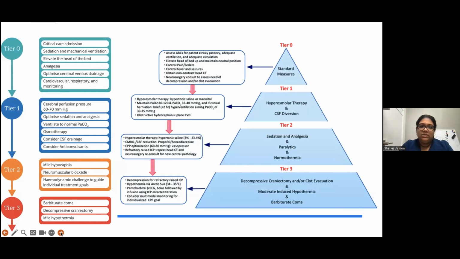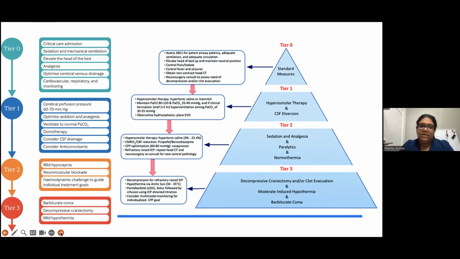So tier 1, we assess the standard measures: airway, breathing, circulation, elevate the head of the bed and maintain a neutral position, control pain and sedate the patient, control fever and seizures, obtain a non-contrast CT brain, and neurosurgery consult to assess the need for decompression plus or minus a clot evacuation.